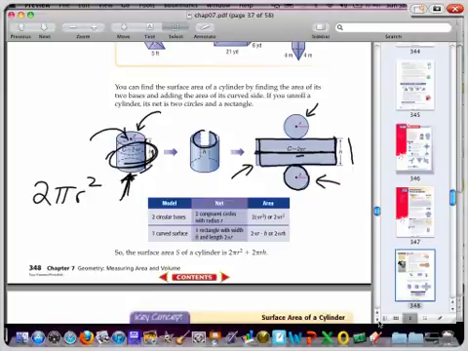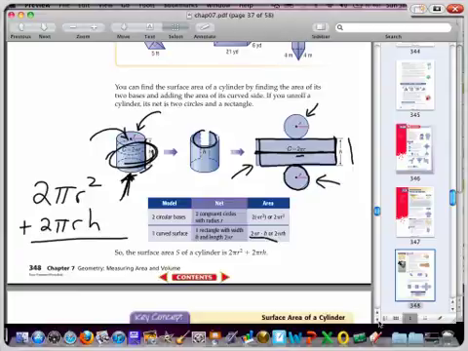Well, the circumference is 2 pi r. So we have 2 pi r times the height. And then we have to add that together. So it's this one plus that one.